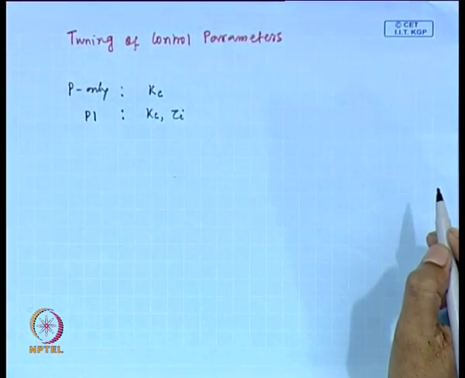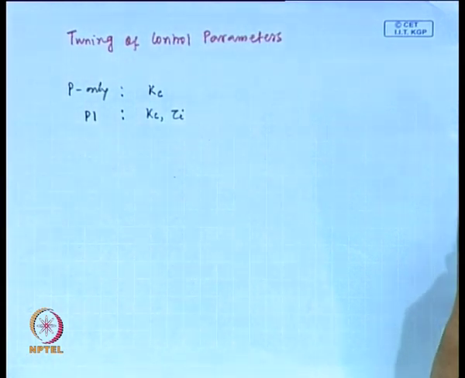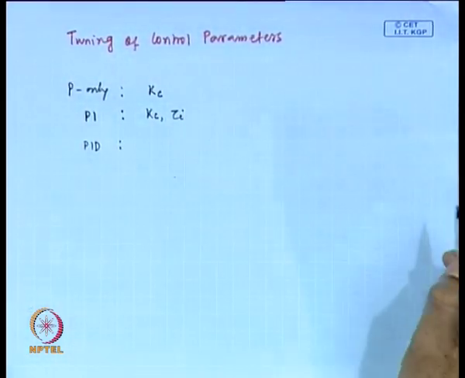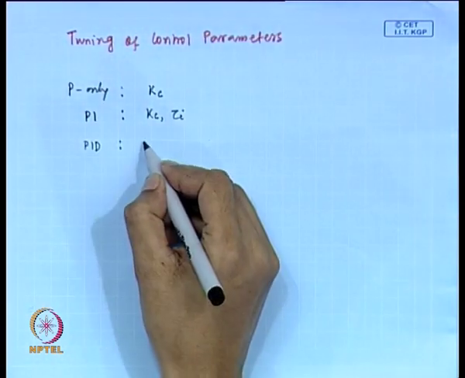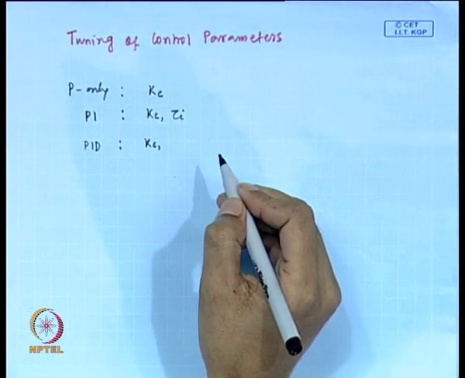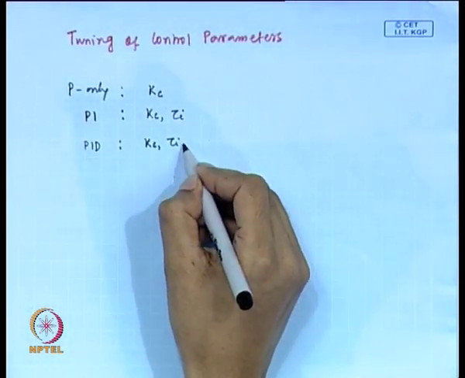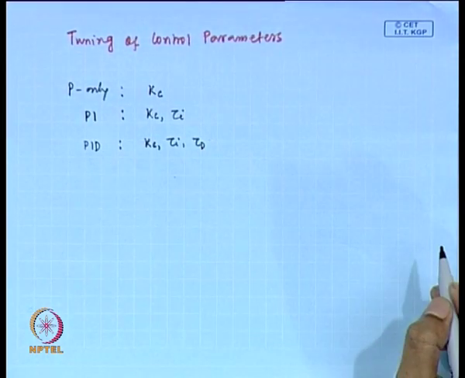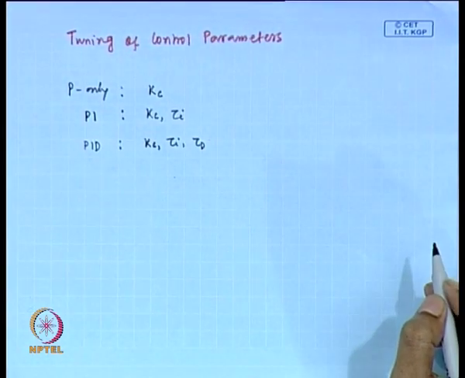Tau y is the integral time constant. And for PID controller, there are three tuning parameters: proportional gain Kc, integral time constant tau y, and derivative time constant tau d. So, these are the tuning parameters.